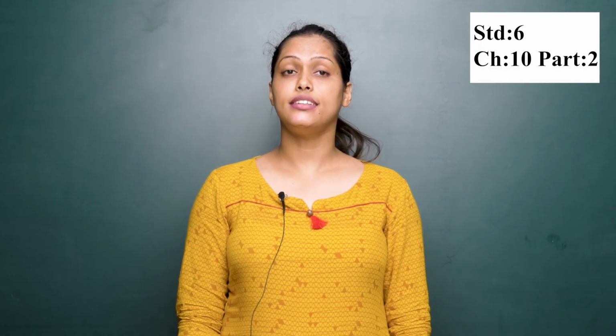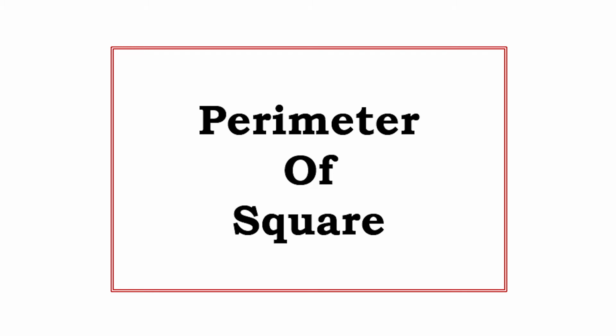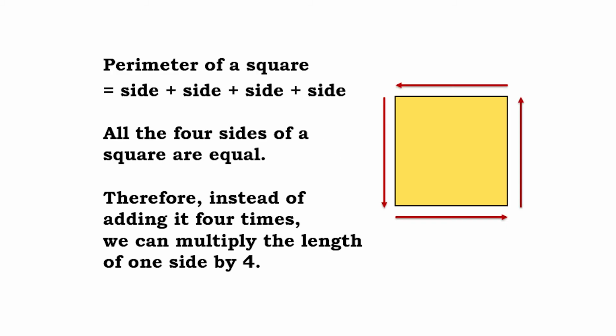So today let us learn to find the perimeter of a square and other regular shapes in our topic mensuration. Let us learn to find the formula on perimeter of a square. Perimeter of a square is the sum of all the sides. That is, it is equal to side plus side plus side plus side.